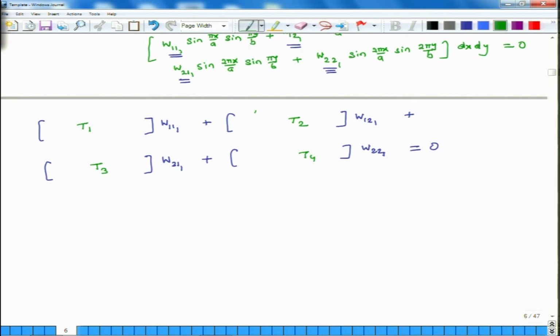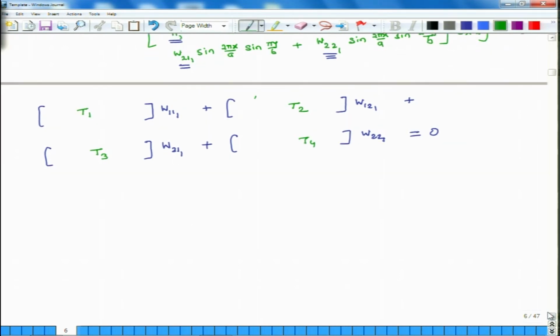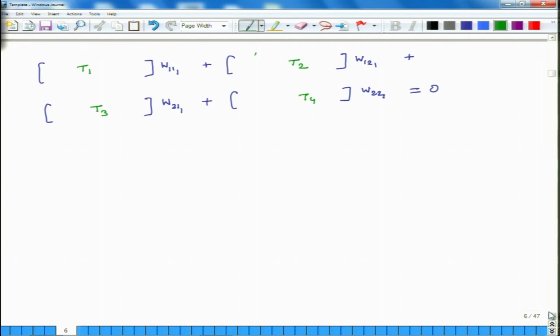If this entire expression, T1 times W111 plus T2 times W121 plus T3 times W211 plus T4 times W221, has to be 0, that is going to be possible only if T1 is equal to 0, T2 is equal to 0, T3 is equal to 0 and T4 is equal to 0, because W111, W121, W211 and W221 are arbitrary. When we do the trial function these amplitudes are arbitrary.